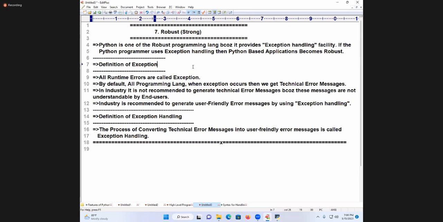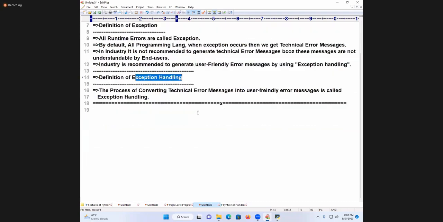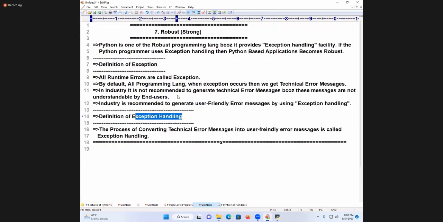So why is Python strong? Because it provides which facility? C and C++ are weak. Why? They don't contain which facility? Python contains which facility? When you use exception handling in your project, you are converting technical error messages into user-friendly error messages. Hence, is your project strong or weak?